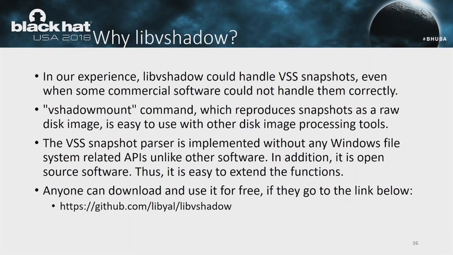The VSS snapshot parser is implemented without any Windows file system related APIs, unlike other software. In addition, it is open source software. Thus, it is easy to extend the functions. And you can download and use it for free.